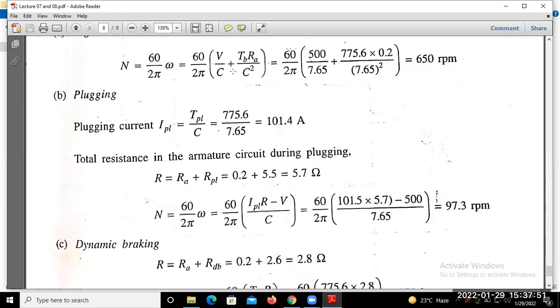That is the main purpose. So speed can be represented for the DC shunt motor in this form: V by some constant plus braking torque, that means T_B into R_A by C square.